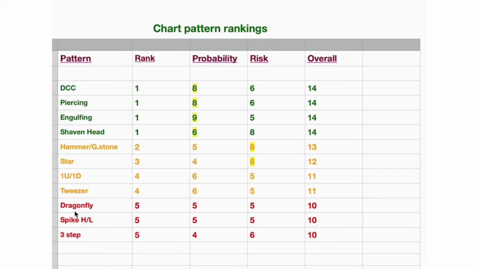And then the ones that I rank the worst are the Dragonfly Doji, the Spike High and Low, and the 3-step. And they're significantly lower than the top ones. So if you're trading and you're looking for candle patterns on your charts and you want to enter into high probability trades and low risk trades, these are the ones that you should be looking for.